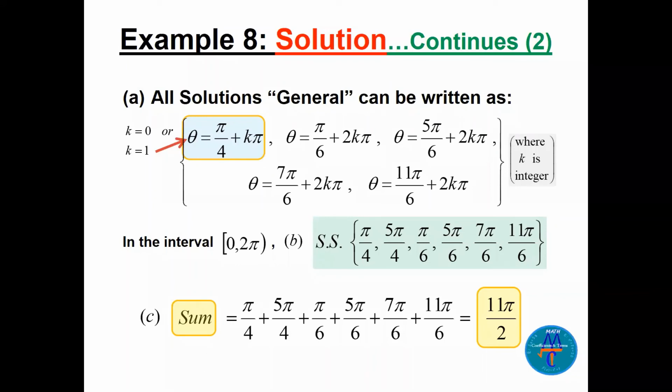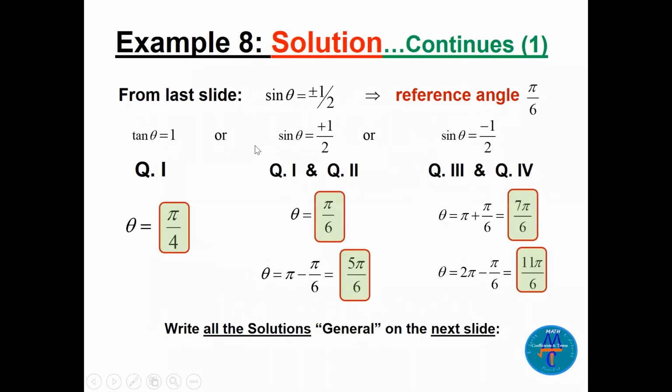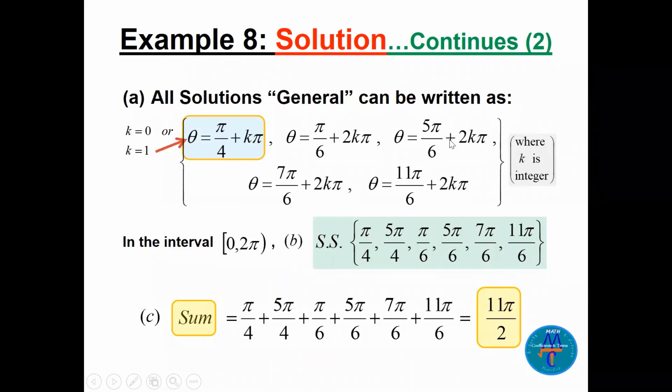So all the solutions, the general solution, can be written as theta equals pi over 4 plus k pi. Remember, the period for tan is pi, so we get that from this pi over 4. Then we use these angles and add 2k pi because the period for the sine function is 2 pi.